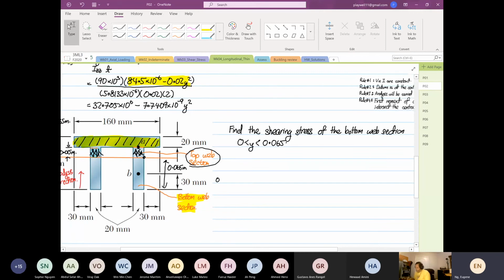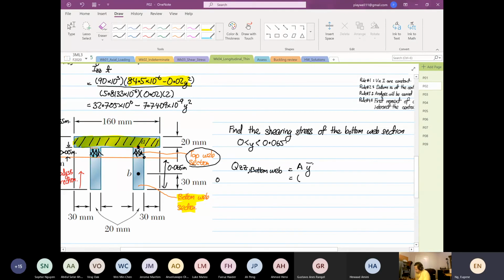Okay. So we're going to find the first moment of area. This is still Q about the ZZ axis, for the bottom web. The expression will be A y bar.